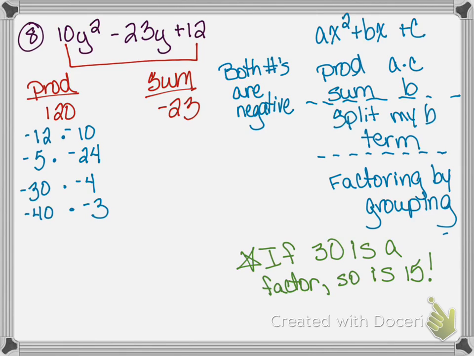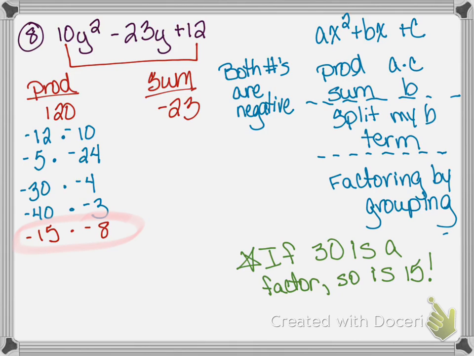Anytime that 30 is a factor, and 30 is a factor for number 8 and number 9, 15 is also going to be a factor. Okay? So here, I would have negative 15 times negative 8. And those are my numbers right there.